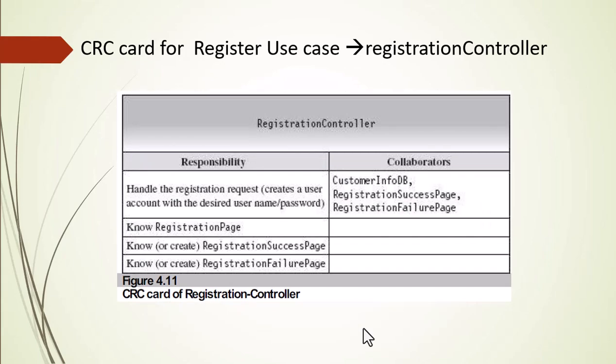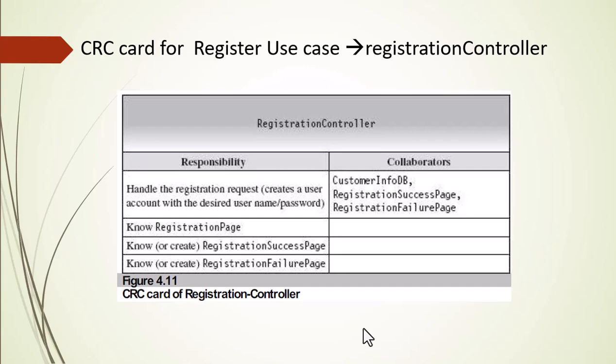Similarly, you can see other responsibilities. Handle the registration request. It first creates a user account with the desired username and password, and the collaborators are the customer information database, the registration success page, and the registration failure page.